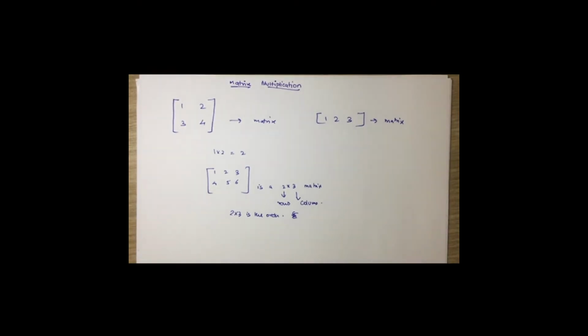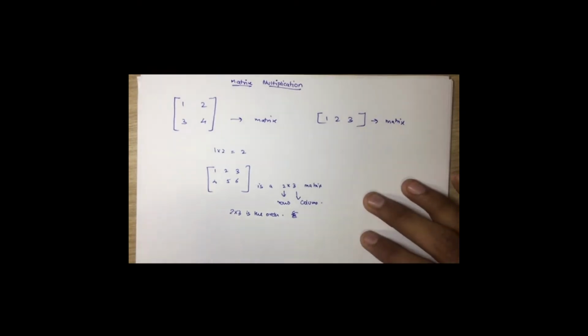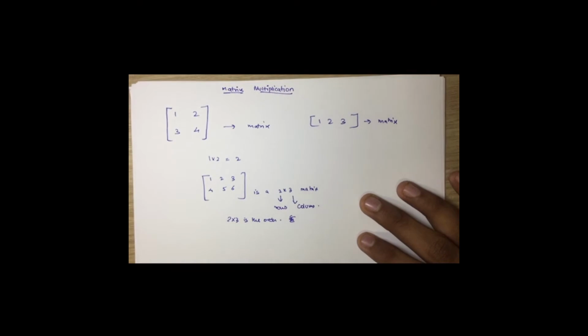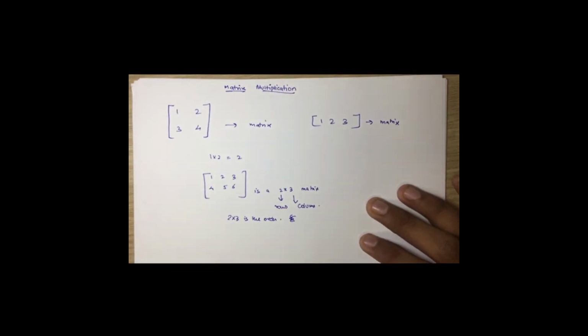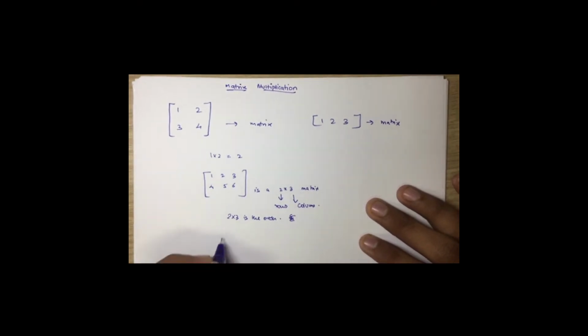Again, multiplication in matrix is completely different, and we need a condition. Suppose we have a matrix A with m rows and n columns, and we have another matrix B with p rows and q columns.